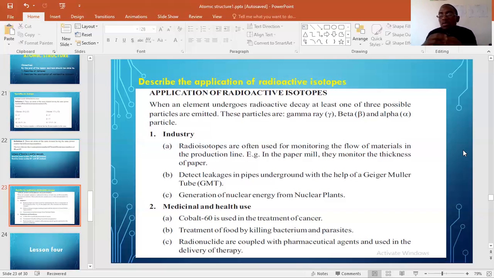If you want to kill bacteria and parasites, you can just run radiations, and then those particular bacteria and parasites will be killed. So basically that is what we wanted to talk about today, the isotopes and the importance of isotopes in the many industries.